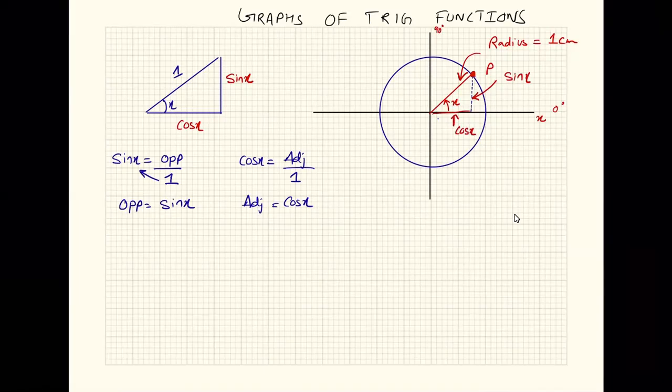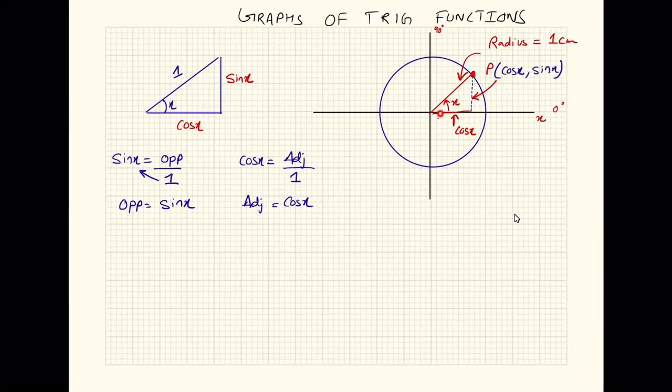Okay, so if P is a point anywhere on the circumference and this is connected to the origin, would you agree? Is it correct to say that the x coordinate of P is cos x? X coordinate of P is cos x and the y coordinate is sine x.